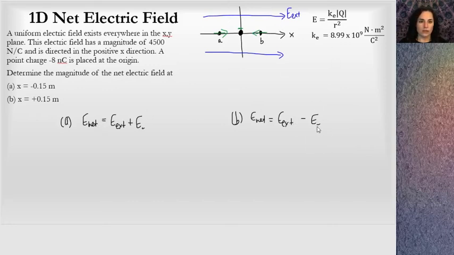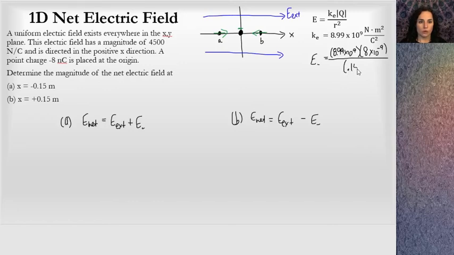I still need to calculate E negative, and I can do that over to the side. The electric field due to that negative point charge is going to be K, 8.99 times 10 to the 9th, times the charge, which we know is 8 nanocoulombs, so that's 8 times 10 to the -9th, divided by the radius squared. The radius in both of these situations is 0.15, and that's why I'm thinking about them at the same time.